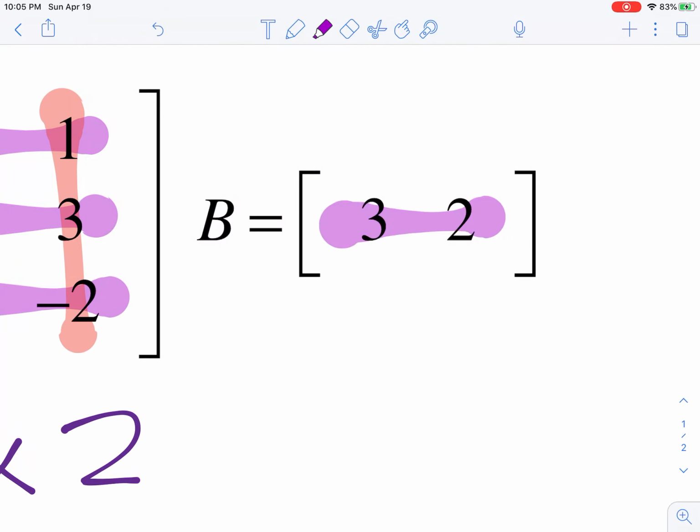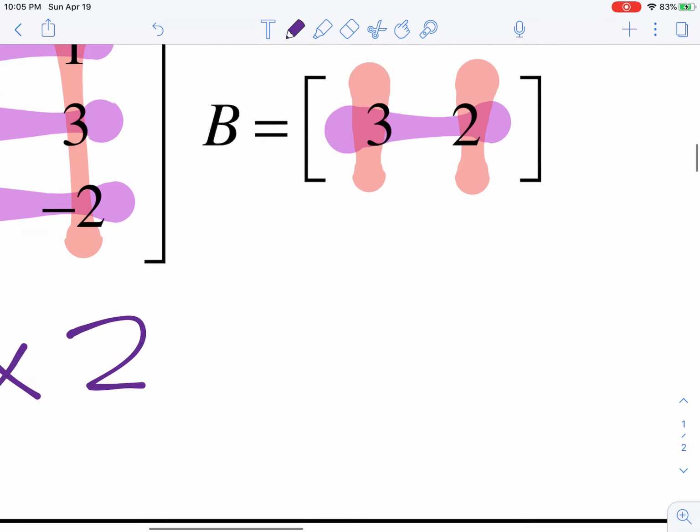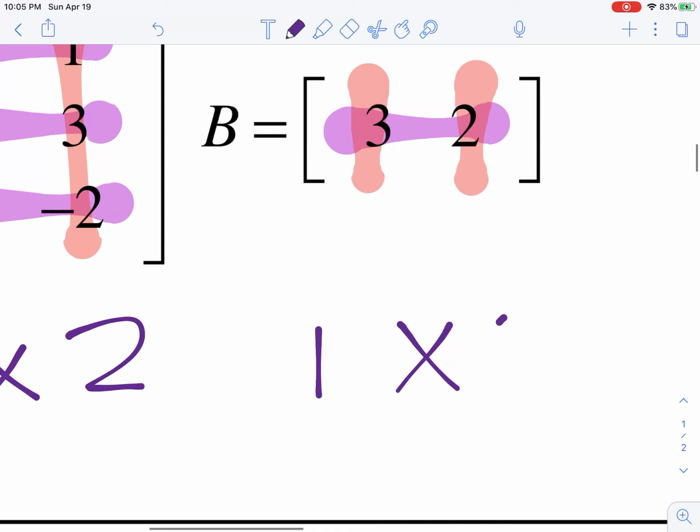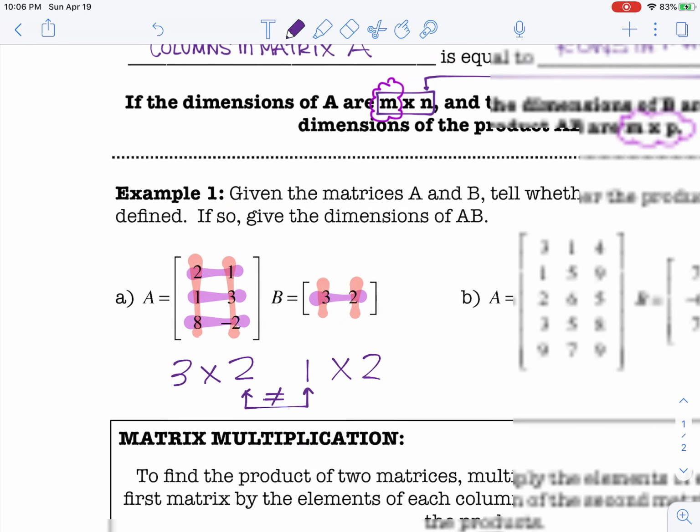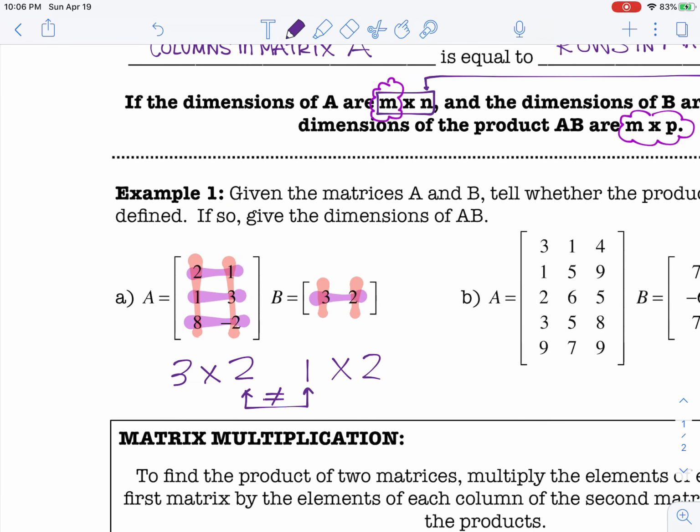This matrix has 1 row and 2 columns, making it a 1 by 2. So the only way we can multiply these is if these two numbers are the same, and they are not. So this is not a pair where we could multiply these together.